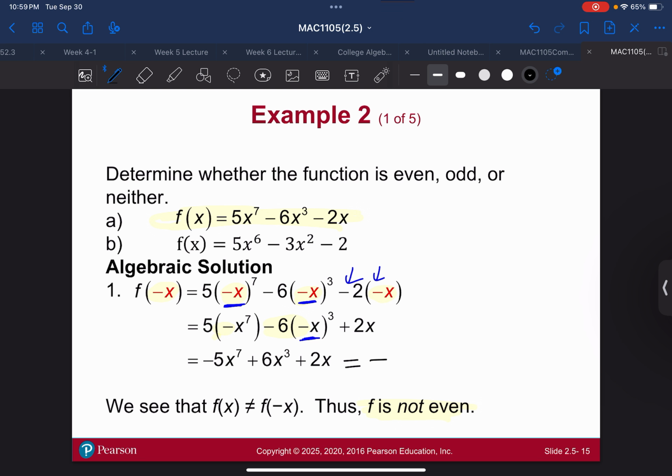If I factor that negative out, it would become 5x to the 7th minus 6x cubed minus 2x. So this is equal to negative times f of x. This is the original f of x that we started with. So that means it's odd.